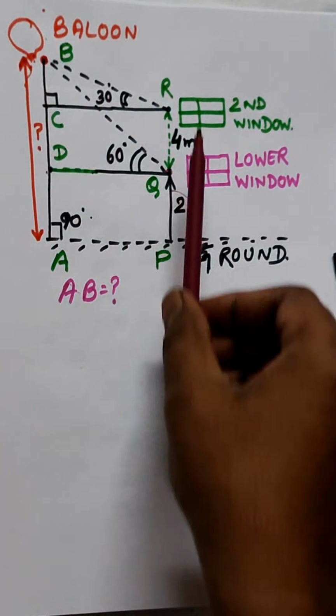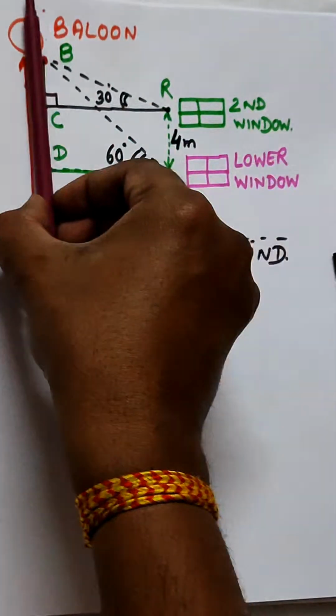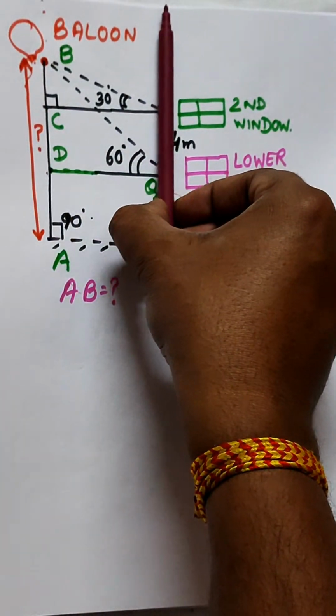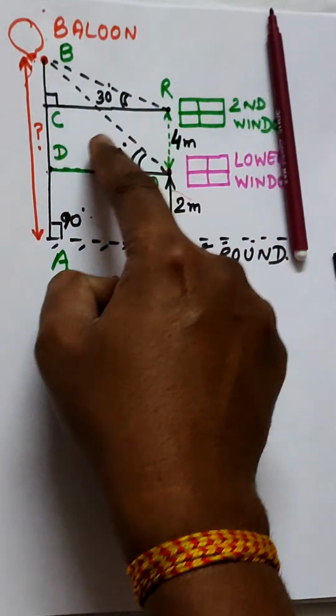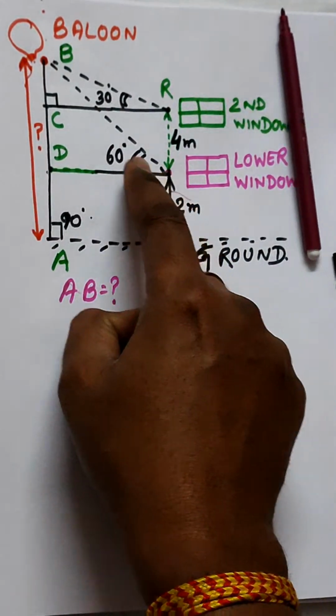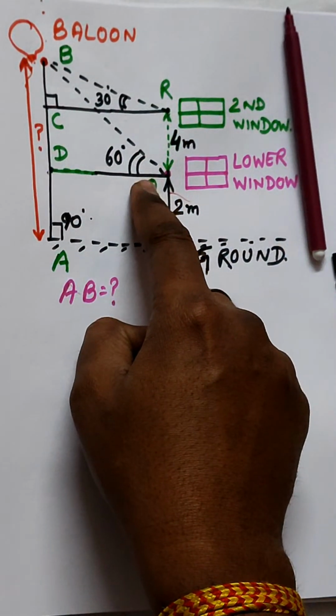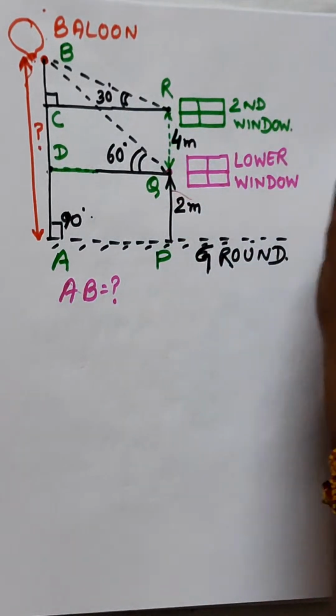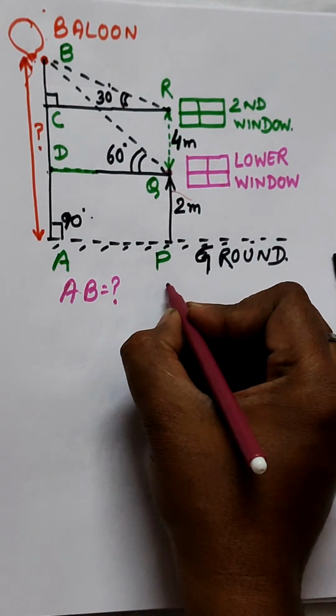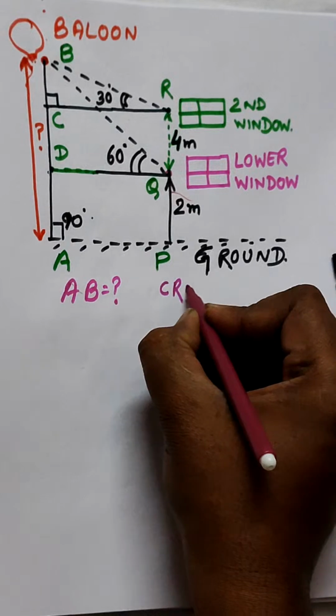So the distance between two perpendicular lines, that means these are parallel lines, and the distance between two parallel lines is always constant, right? So that's why CR will be equal to DQ. This is very important that you need to understand. So CR equals DQ.